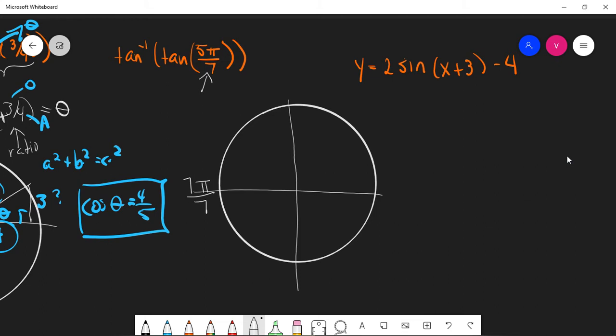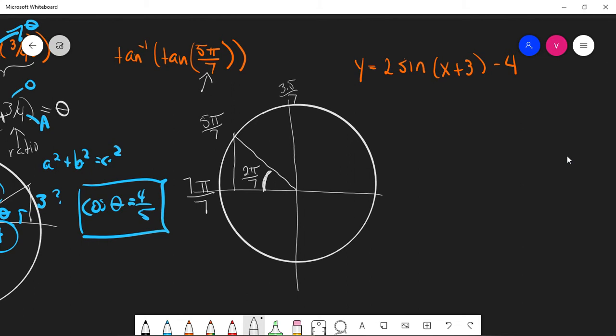Where do you think 5π/7 is going to be? Halfway through would be 3.5/7, which it's not. It's a little bit more than that. So it's right here. Okay, that would be 5π/7. So what is that angle right there? 2π/7.